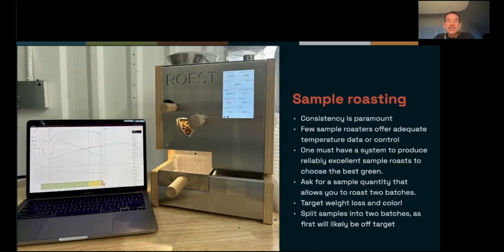The best thing you can do is have a very consistent sample roast system where you're using only one or two profiles, and note how long those sample roasts take for each coffee relative to other coffees. So let's say you had a baseline that most coffees took around 8 minutes. You might say, well, coffee A, washed Colombian, took 8 minutes. Coffee B, washed Colombian, took 10.